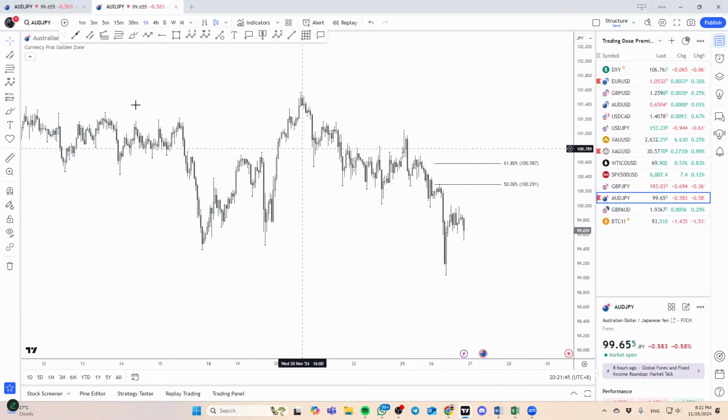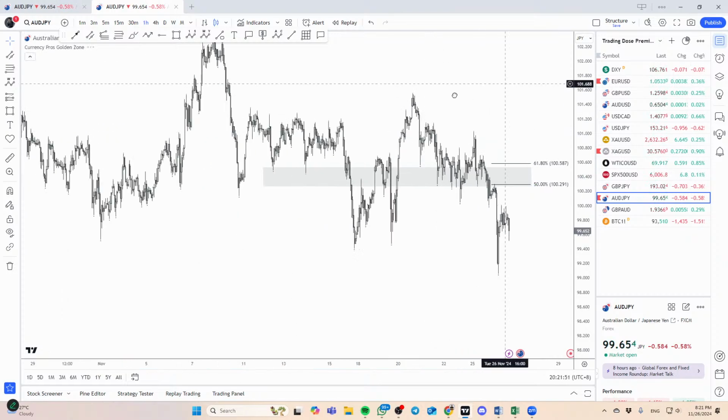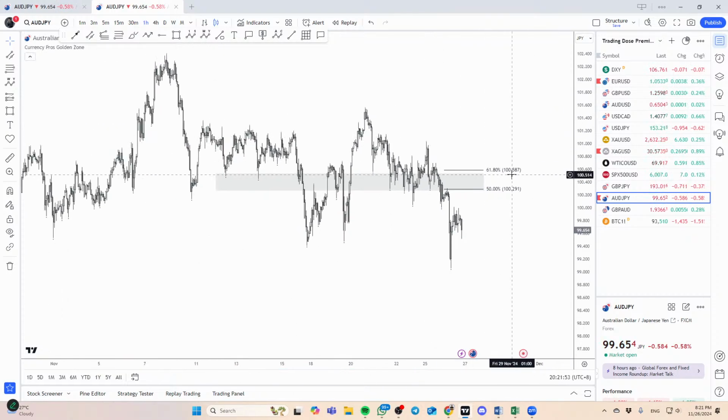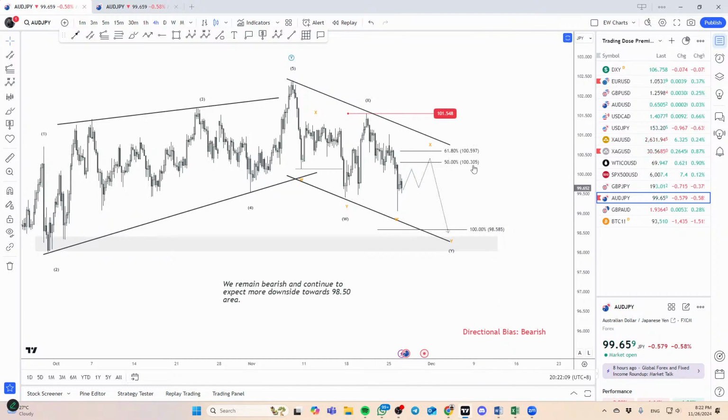The 50 and 61.8 pretty much come in around a little bit on the previous structure area, right? So that would be something to look out for. We did get the first push here. If you can get some sort of corrective pullback, then that will be ideal. So that's why I'm also flagging this on aussie yen so that we can keep an eye on it.